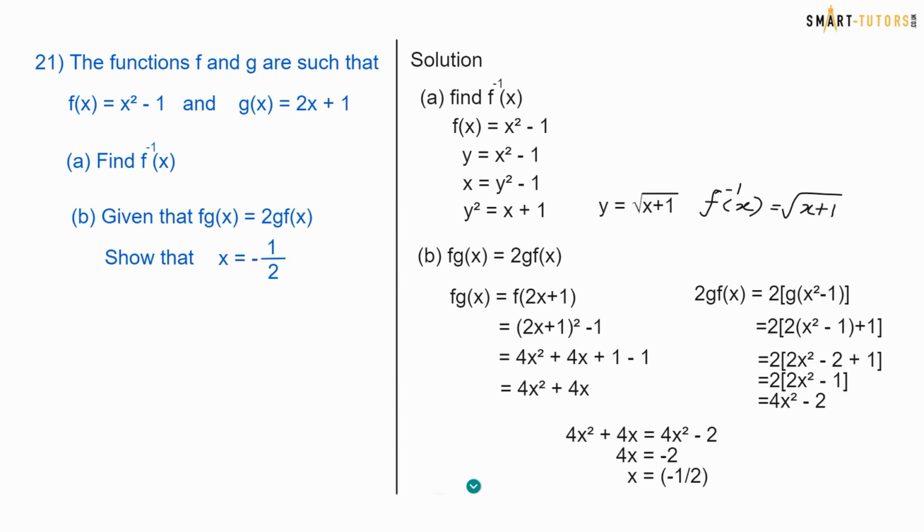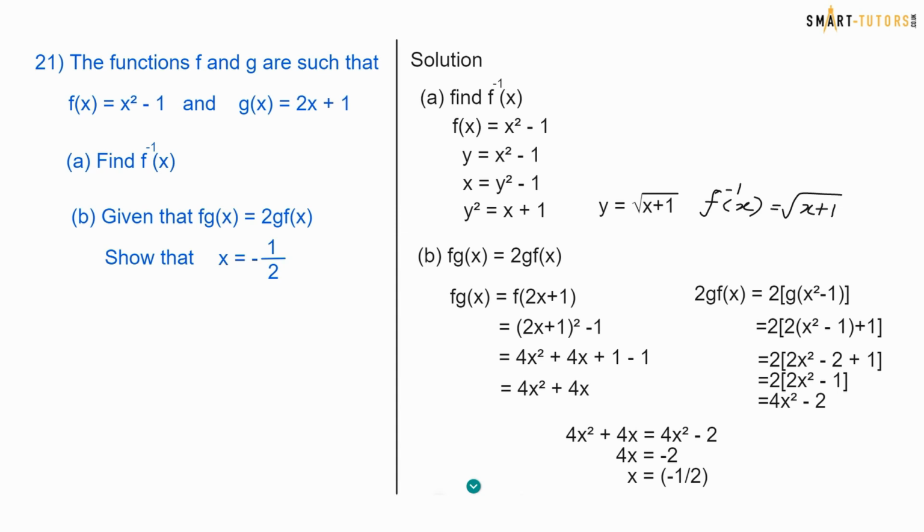Second part is a composite function. So composite function, I'm going to do it separately. Finding fg(x). So finding f of g(x) means in the f function you substitute g(x). So g(x) is 2x plus 1. So substitute the 2x plus 1 into the f function. That f function is defined as x squared minus 1.